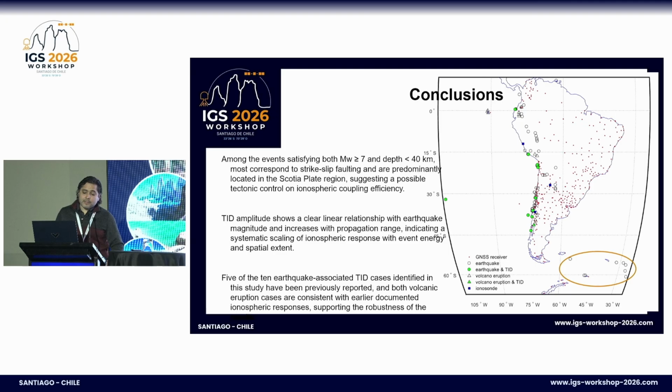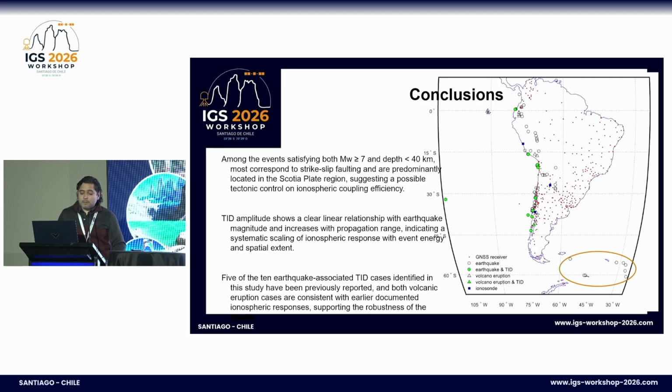Among the events satisfying both magnitude greater than 7 and depth less than 40 kilometers, most correspond to strike-slip faulting and are predominantly located in the Scotia Plate region, that is the orange oval, suggesting a possible tectonic control on ionospheric coupling efficiency.